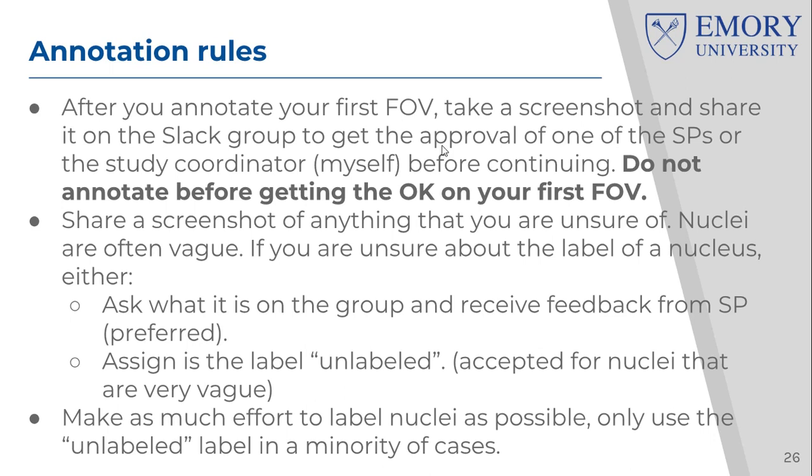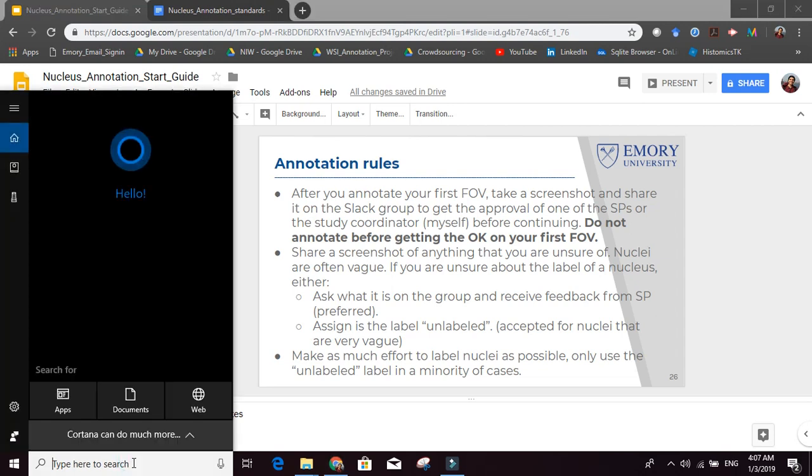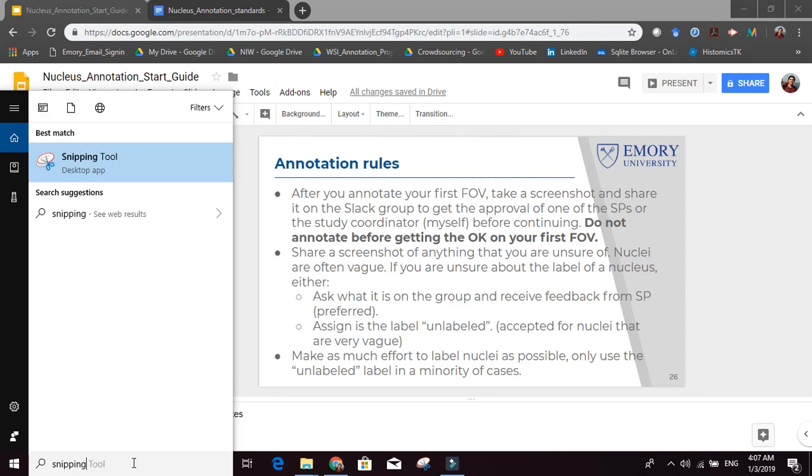If you're unsure about anything, just like we did the previous iteration of the project, take a small screenshot. There is an app called the snipping tool on most Windows computers. There's something equivalent on Mac as well. So if you search snipping in here, you'll see a snipping tool, and that basically will help you not take a full screenshot of the entire screen, but a small area of the screen.